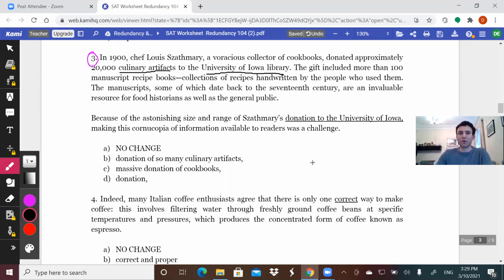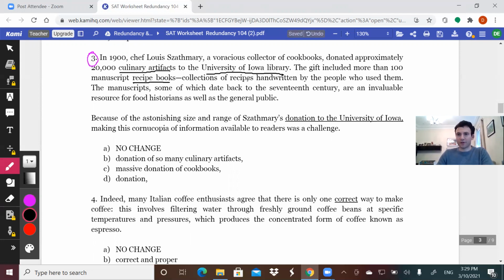The gift included more than 100 manuscript recipe books, collections of recipes handwritten by people who used them. The manuscripts, some of which date back to the 17th century, are an invaluable resource for food historians as well as the general public. And then it says, because of the astonishing size and range of Szathmary's donation to the University of Iowa, making this cornucopia of information available to readers was a challenge.